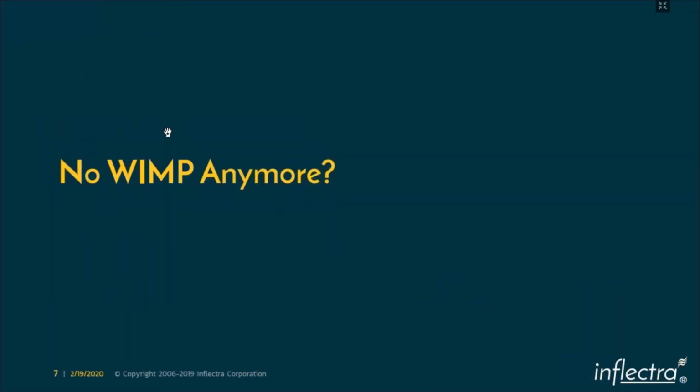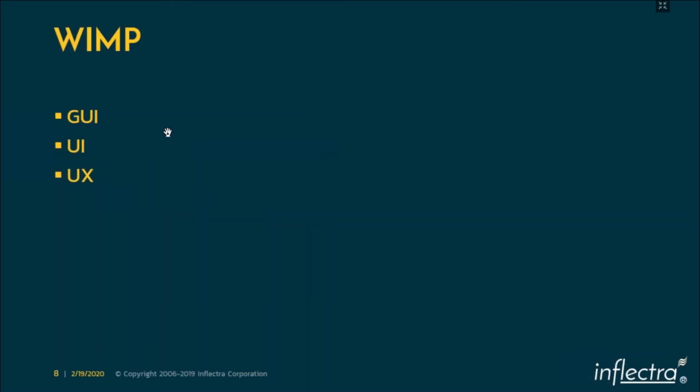The funny fact is that the term WIMP is not really widely used today. Does it mean that something really changed? Actually, the answer is no, because the history is that WIMP has been replaced with the GUI term. Initially GUI meant anything graphical, and WIMP was an implementation of that concept.